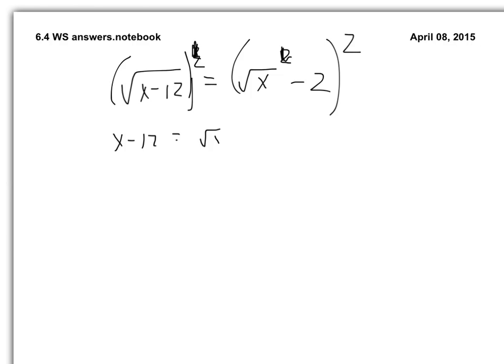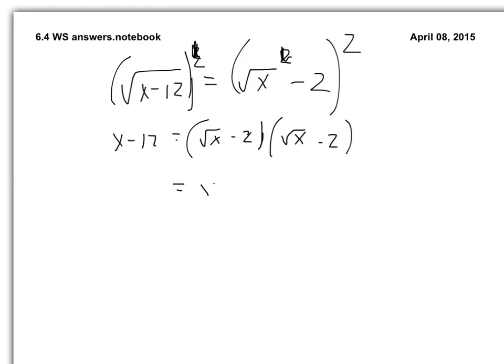The square root of x minus 2 times the square root of x minus 2. Okay, so write this down with me. Okay, so let's work on this for a little bit. Let's FOIL this. Square root of x times the square root of x is x.